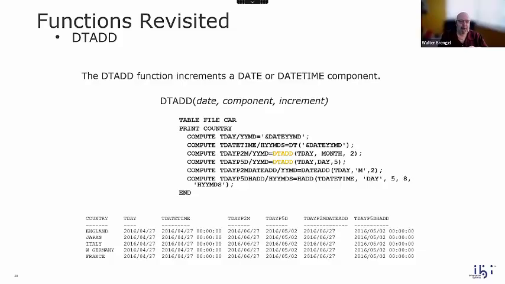Whatever your first parameter is, the format, that determines pretty much what your output's going to be. So in this case, T-day is a YYMD, and T-date time is an HYYMDS. So the result will be whatever those parameters are. And you can see that in the output where we have T-day plus 5 using HAdd, we actually get the time component in there.